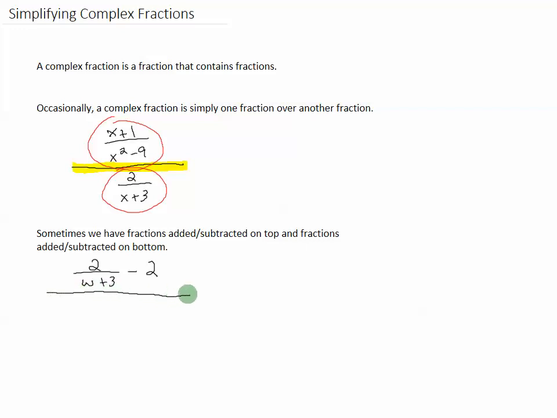So that whole thing over 3 over w squared plus 6w plus 9. Notice this is not a fraction over a fraction now. We have two fractions subtracted on top. Remember, you can think of 2 as a fraction by putting it over 1. But we have a fraction minus something on top, and on bottom we have a single fraction. That's different than this example above.